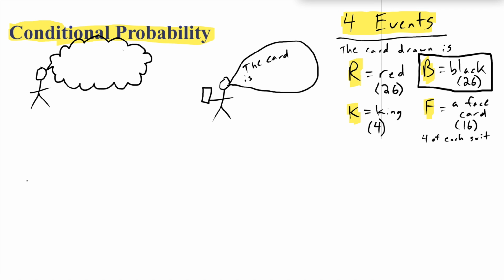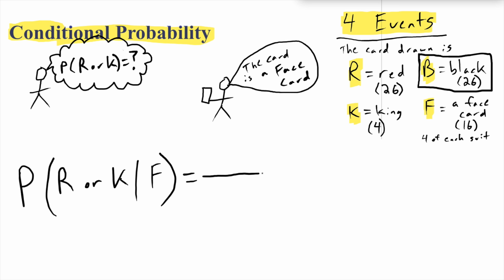So we could also do conditional probabilities using or and too. We could do the probability that the card is red or a king given that we know it's a face card. So now our given information, we know the card is a face card, so nothing else is possible other than a face card. So our total number of possible outcomes are the 16 total face cards.